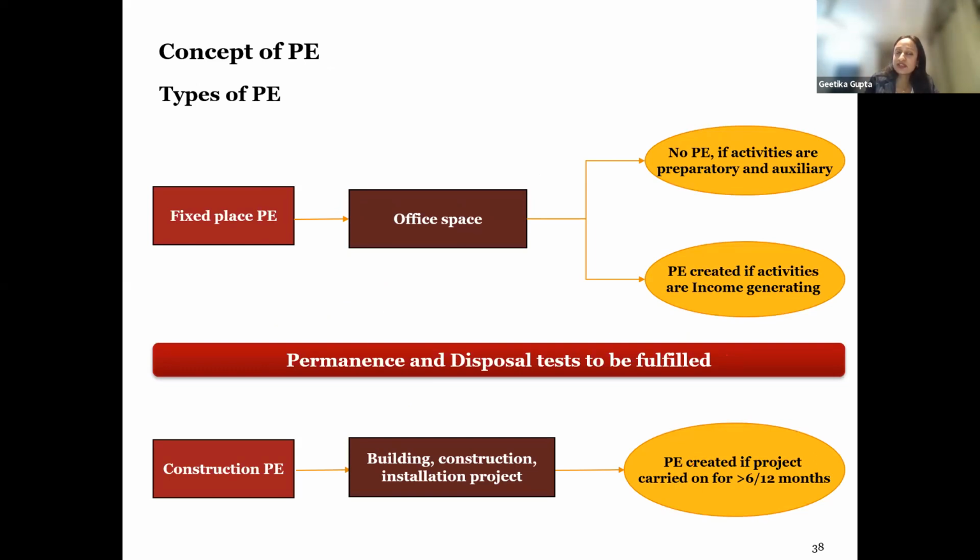There are other tests to be satisfied. We will discuss in detail the permanence and disposal test. There's a concept of construction PE, that if the building, construction project, or installation project is carried out in India exceeding the threshold limit, it leads to a PE in India. Next slide.